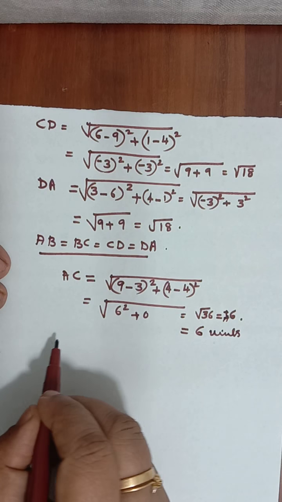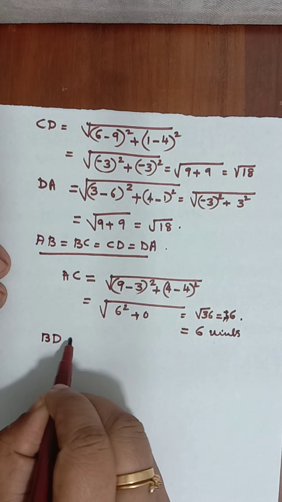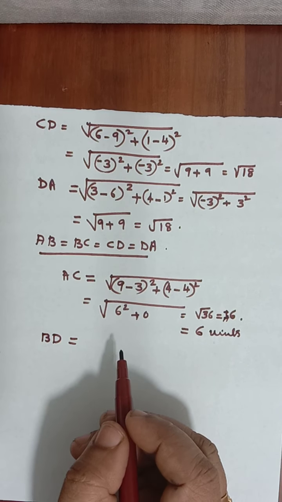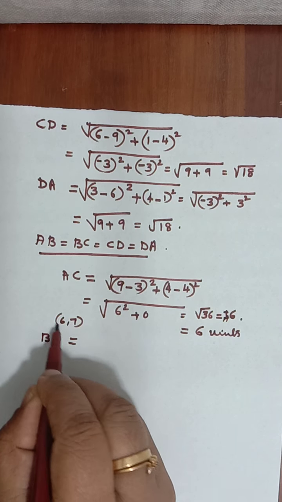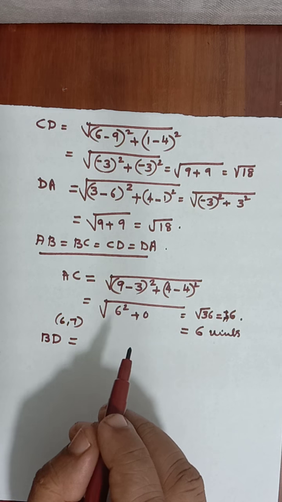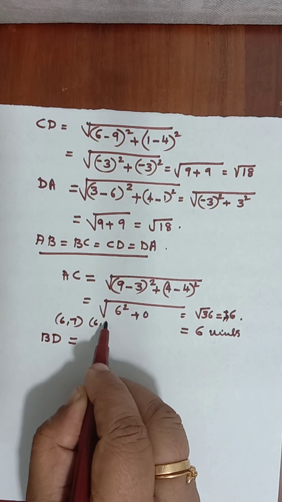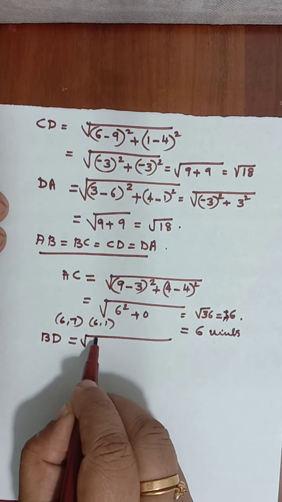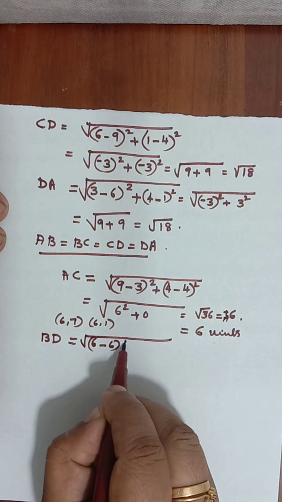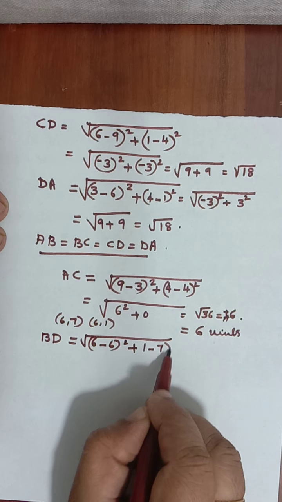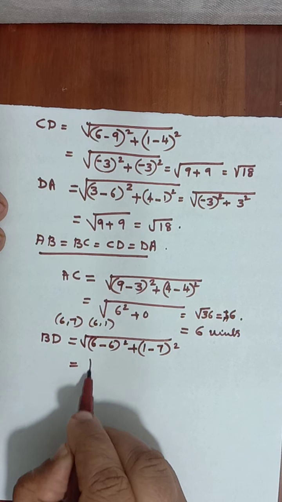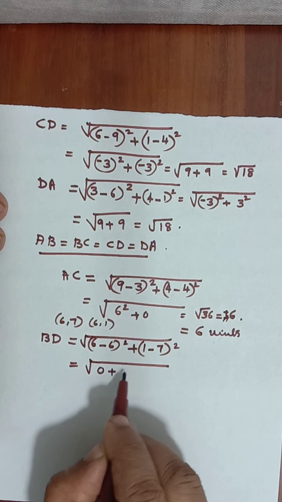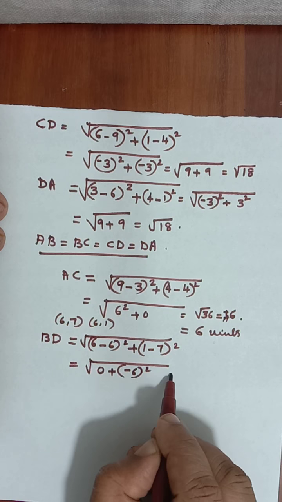AC and BD, here we have to find out what is BD. What is our B point? B is (6, 7) and D point is (6, 1). Therefore square root of (x2 minus x1) whole square plus (y2 minus y1) whole square, that's equal to square root of 0 plus negative 6 whole square.